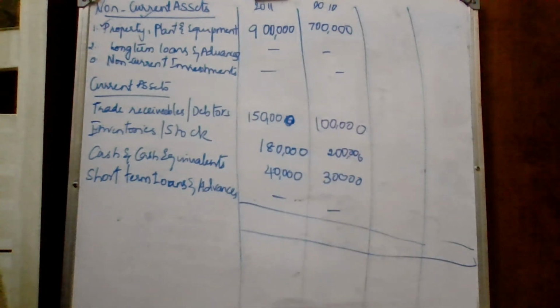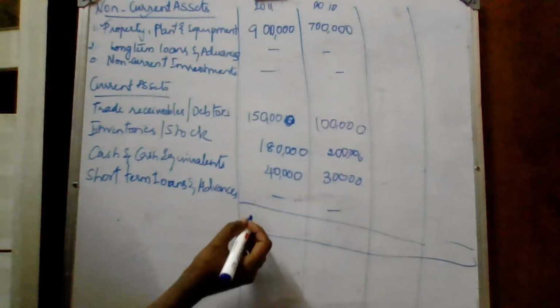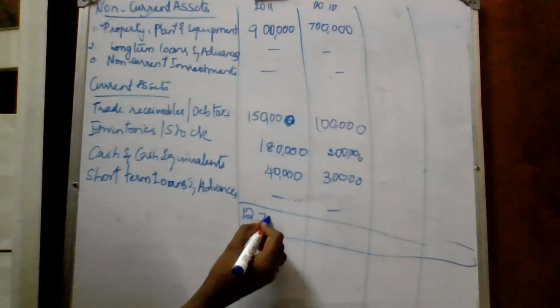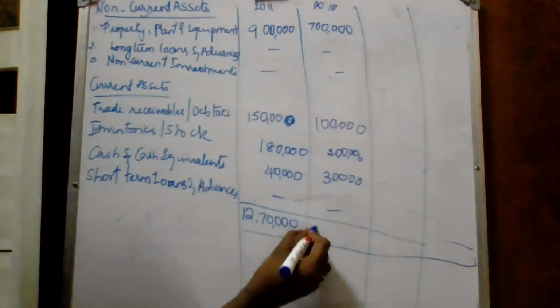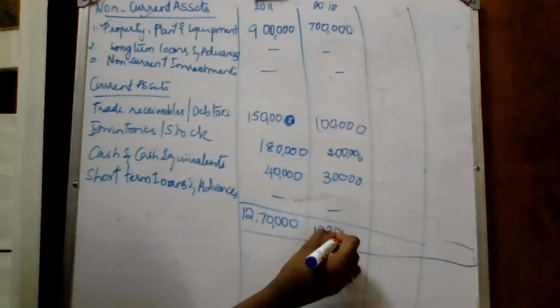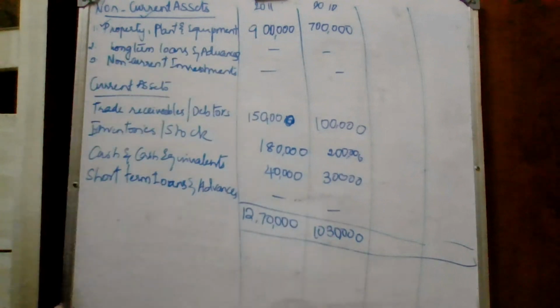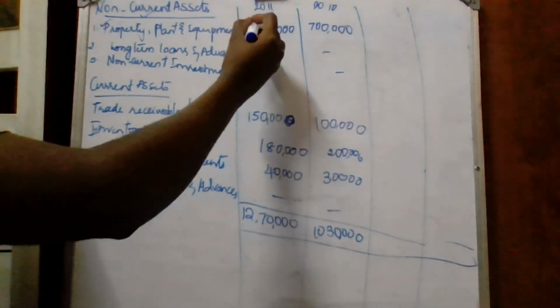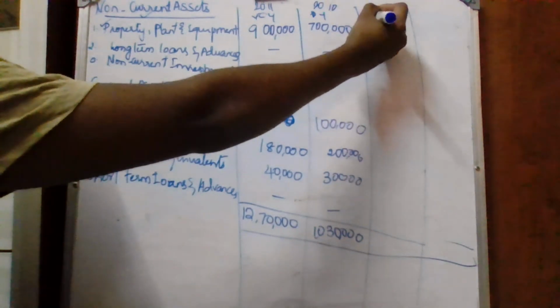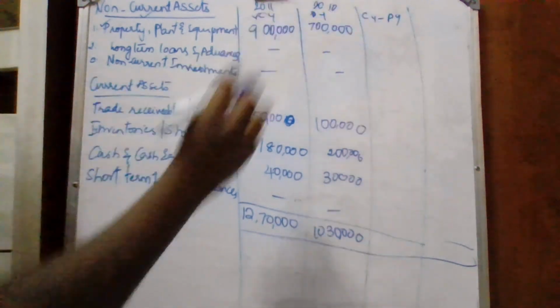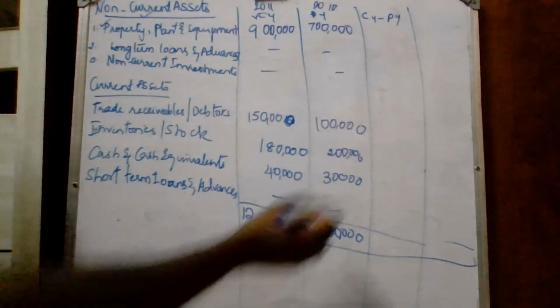So the balance sheet should tally here. Here the balance sheet total was 12 lakh 70,000 and 10 lakh 30,000. Same procedure will be applied here. Difference between current year and previous year. Current year minus previous year for absolute increase or decrease in amount. Then we have percentage increase or decrease.